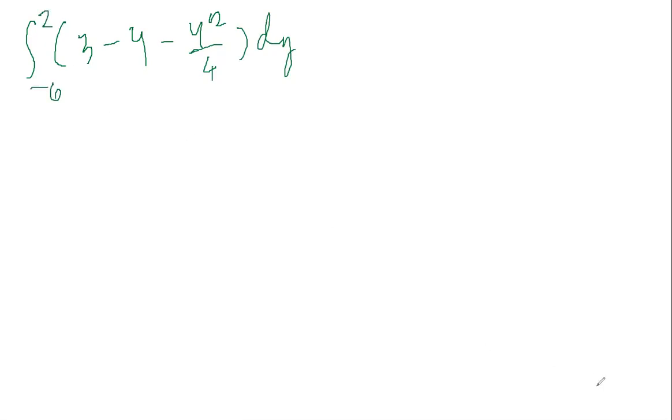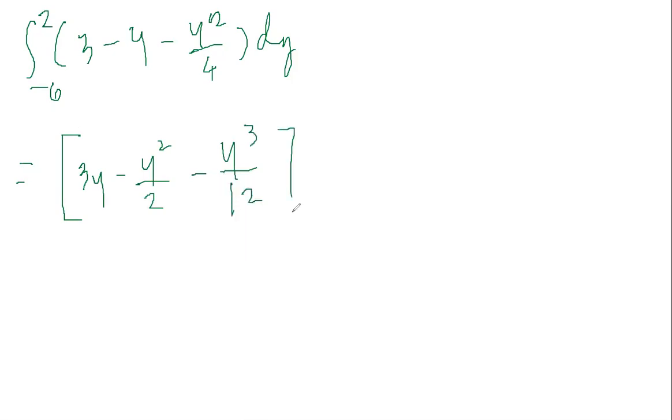Am I correct? Let's check. Okay, we're correct. So let's solve this. Let's integrate: 3y minus y squared over 2 minus y cubed over 12 from negative 6 to 2.